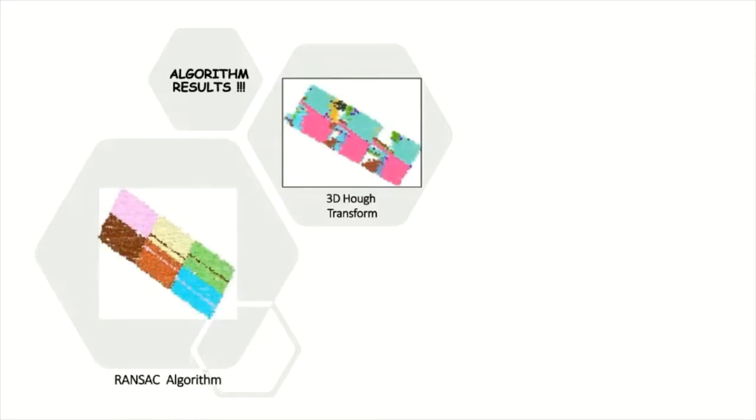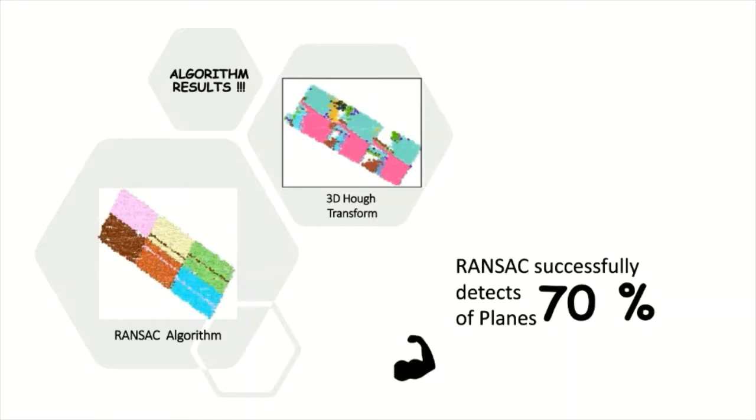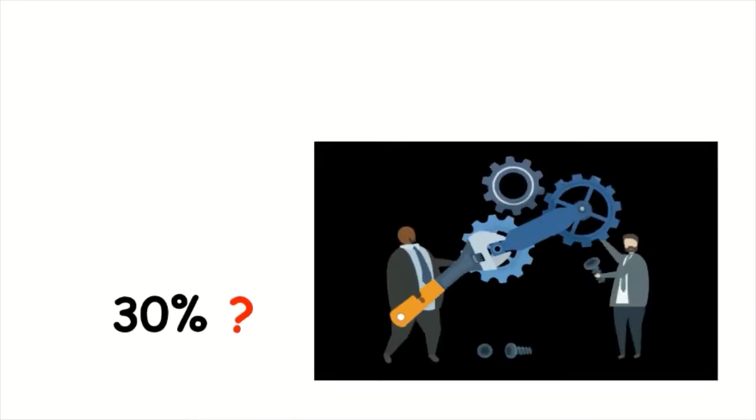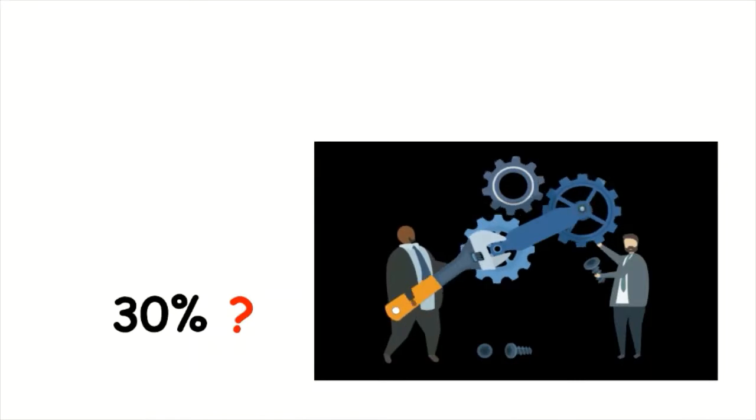Now, the output of both algorithms based on the same building has been shown. Comparing both images, the roof detected by RANSAC is clear and of high quality. So with no doubt, the RANSAC algorithm is the best, with a success rate of 70%. But wait, what happened to the rest 30%?